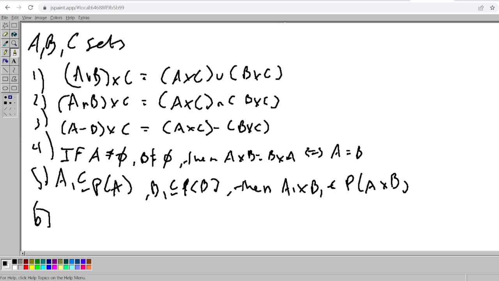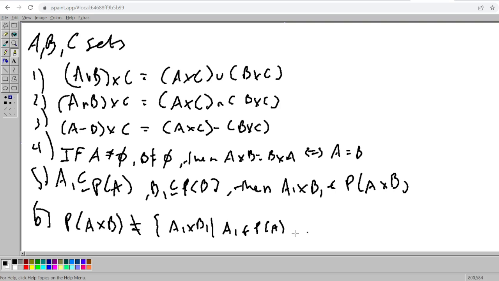If A and B both have at least two elements, then we can say for certain that the power set of A × B does not equal A1 × B1 with A1 in the power set of A and B1 in the power set of B. Here we can move it up.